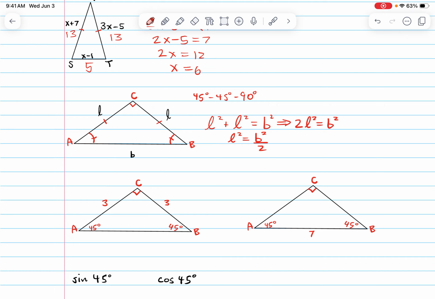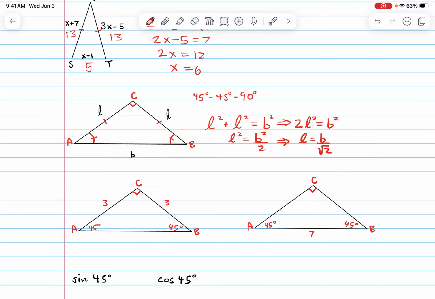Okay. Now let me take the square root. L equals B over the square root of 2. So in a 45, 45, 90 triangle, the length of the leg is the length of the hypotenuse divided by the square root of 2.